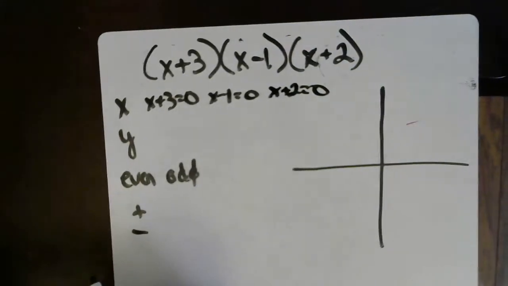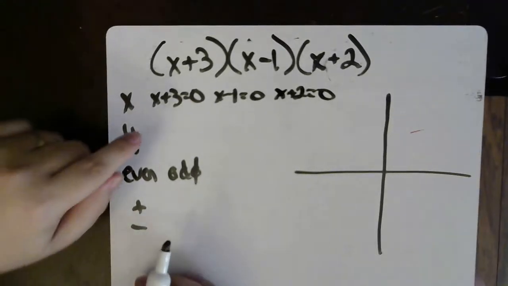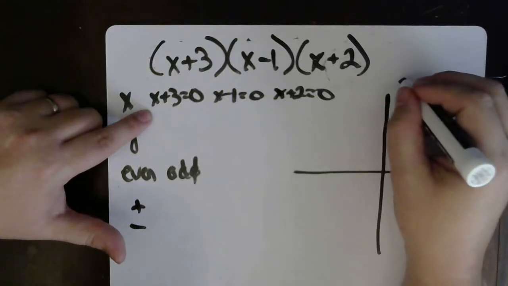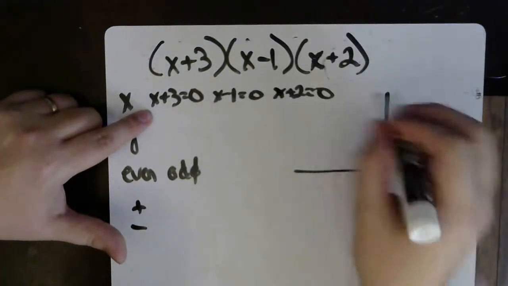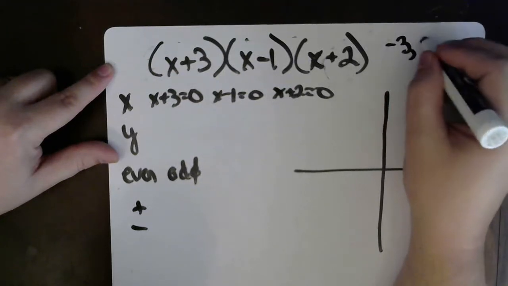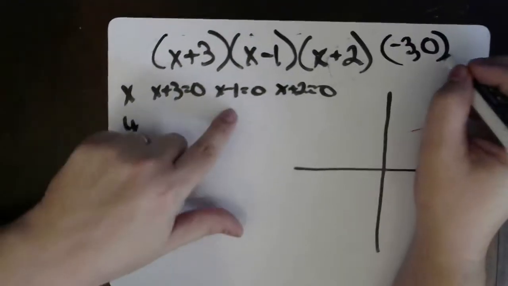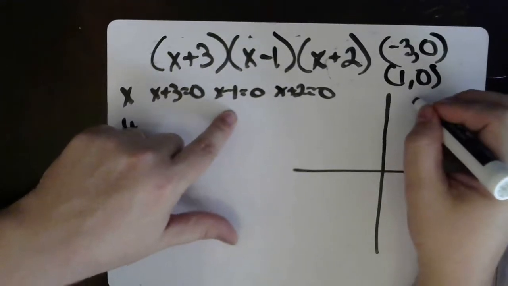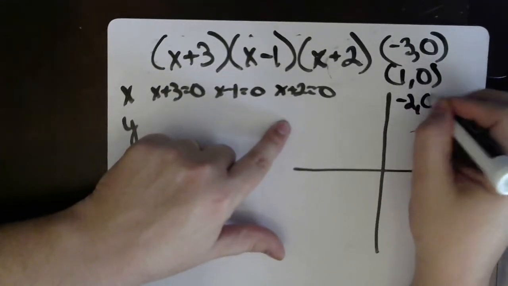Now, hopefully, I'm not going too fast for you guys, but you subtract 3 from both sides, and that gives us when x is negative 3, y is 0. When x is 1, y is 0. And when x is a negative 2, y is 0.